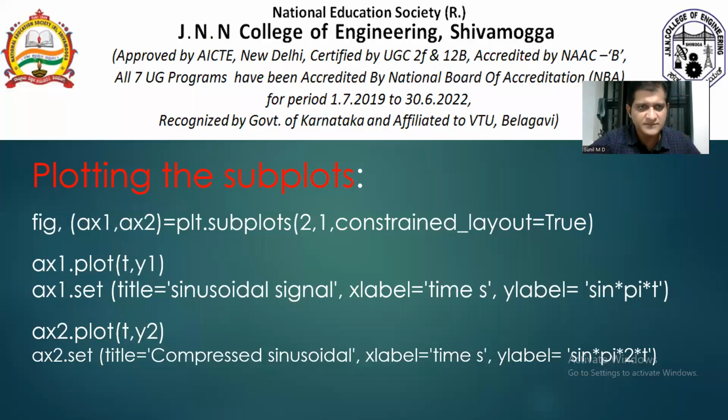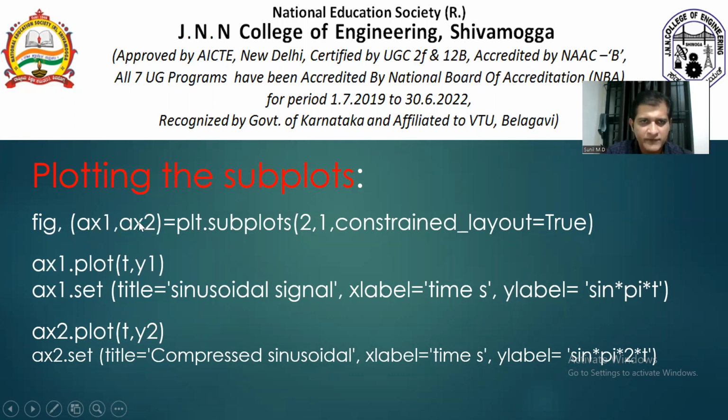Everybody just see here. This is what you're supposed to be doing. Let's define the figure and how many subplots we need. We need two subplots. AX means you should read it as access: access to subplot 1, access to subplot 2.